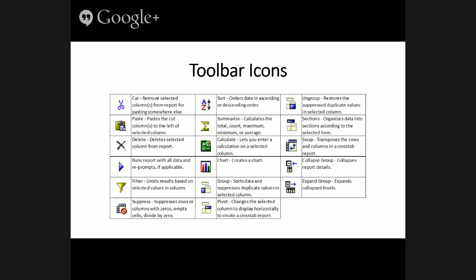The filter icon here allows you to pretty much select which values you want to see on your report. So say you ran a report through periods 1 through 12, and you only want to see period 3 data, you would hit this filter icon and you would filter on period 3.